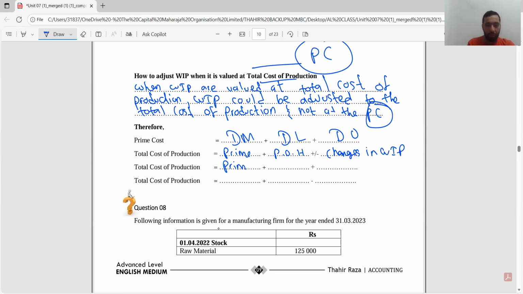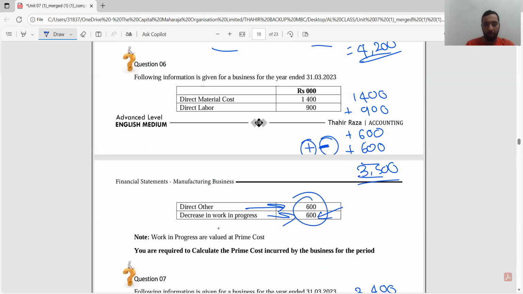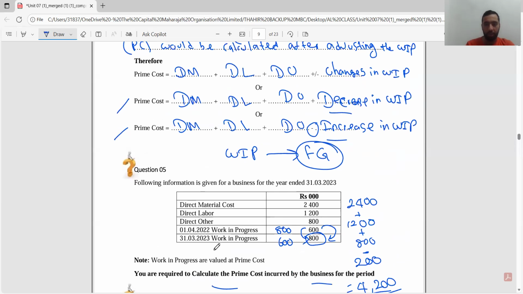Same as before: if it is a decrease in WIP, you put plus.